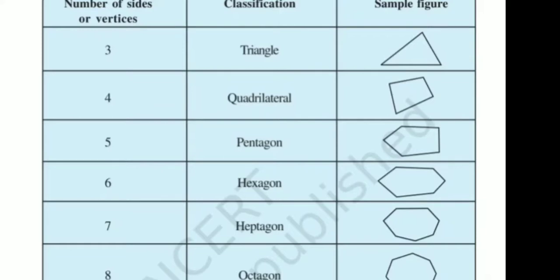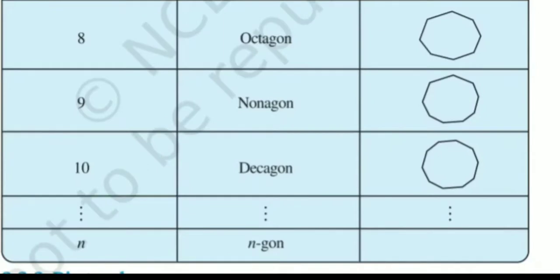Octagon, so here number of sides are 8 and number of vertices also 8. Next is nonagon. Here number of sides are 9 and number of vertices also 9. Next, decagon. Here how many sides? Total 10 and number of vertices also 10. So like this we can give the names and it will go till n. So that n is called n-gon.